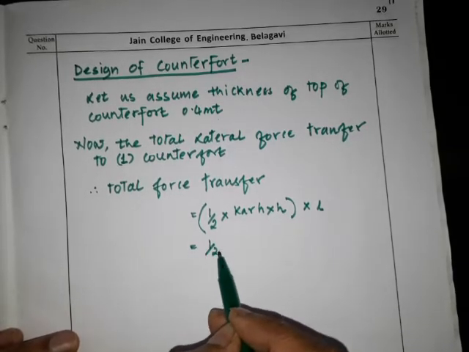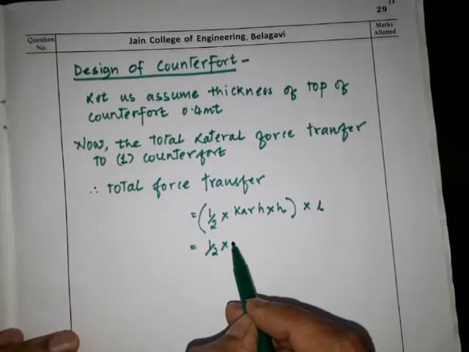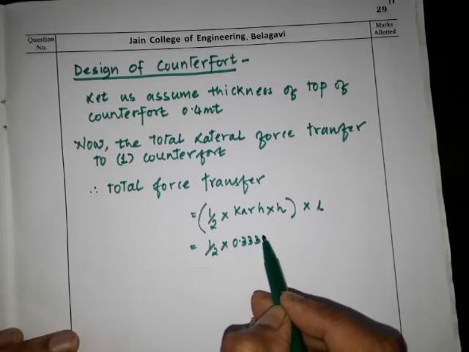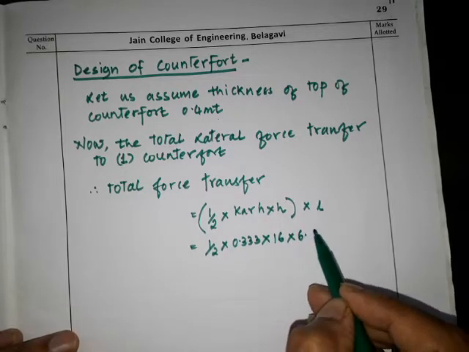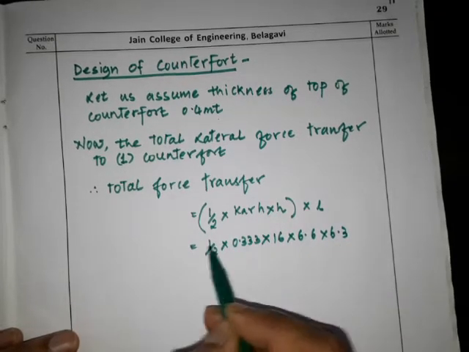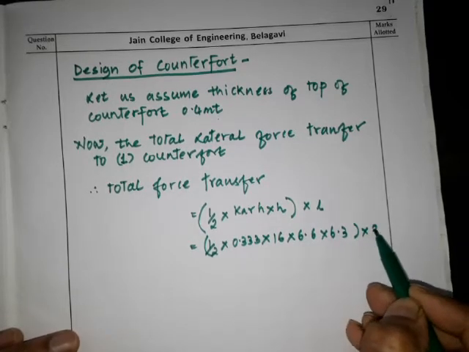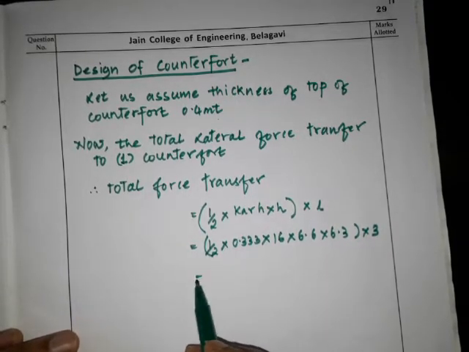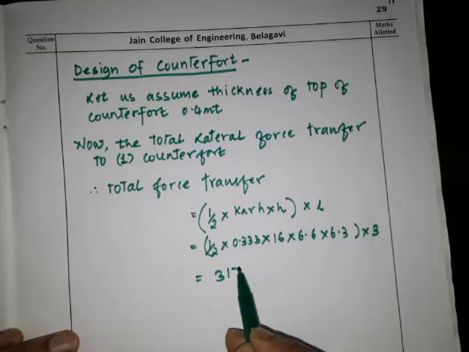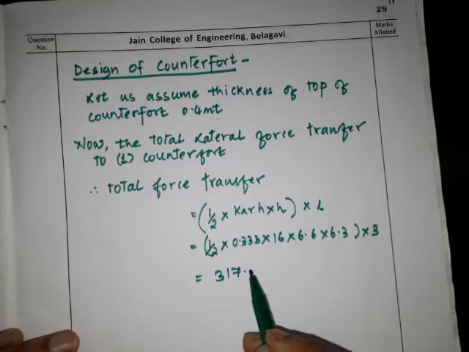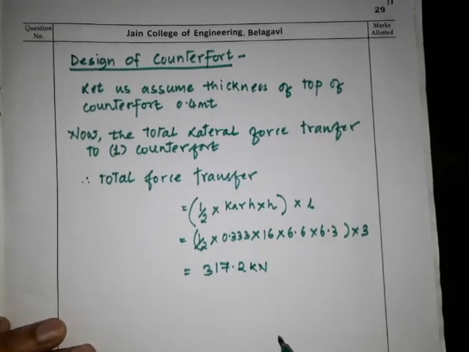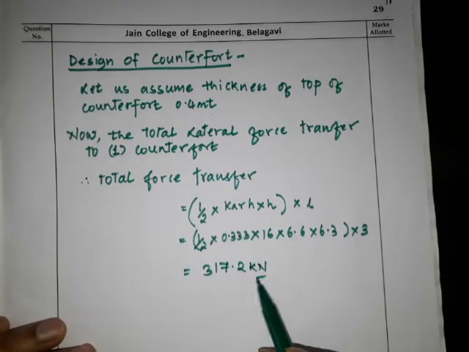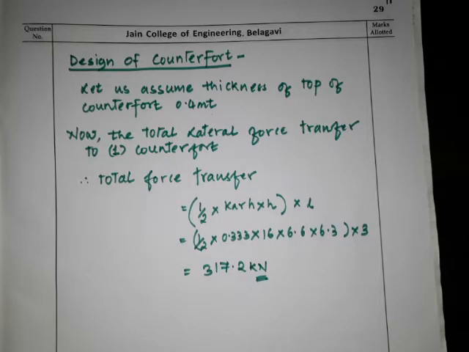So half, K is 0.333, gamma is 16, H is 6.3 into 6.3, and L is 3 meter. So we get this as 317.2 kilonewton. This is the total force transferred over the one counterfort.